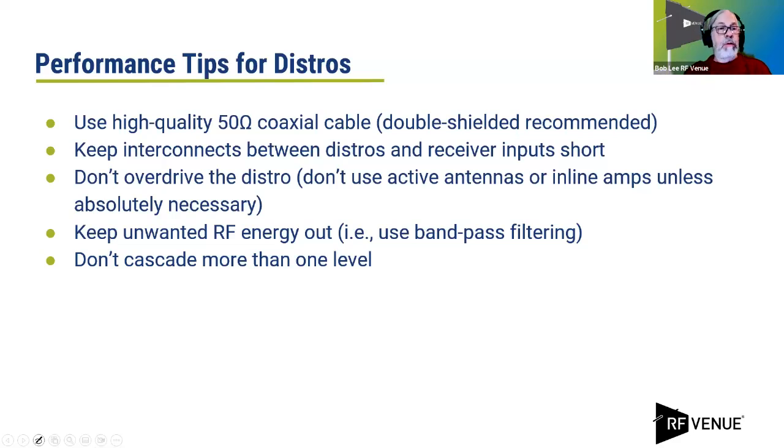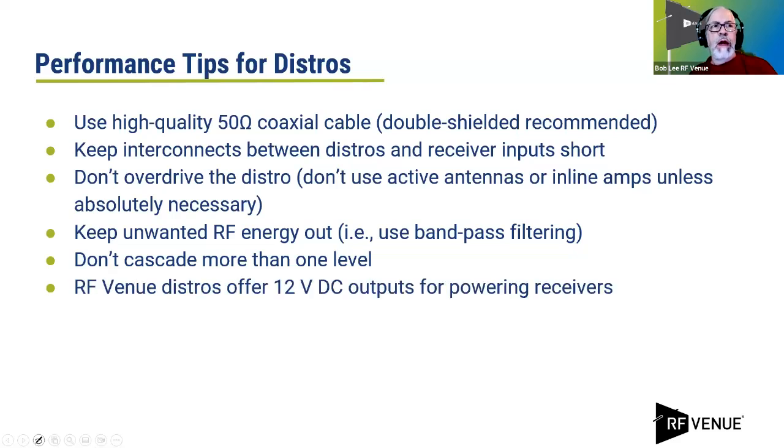That would be the wrong way to do it. You would take that third one and move it up into the same layer as that secondary distro and just feed them both off of the outputs of the primary distro. There are times when you might have to go more than one level for a really big production, but your goal should be to not cascade more than one level.